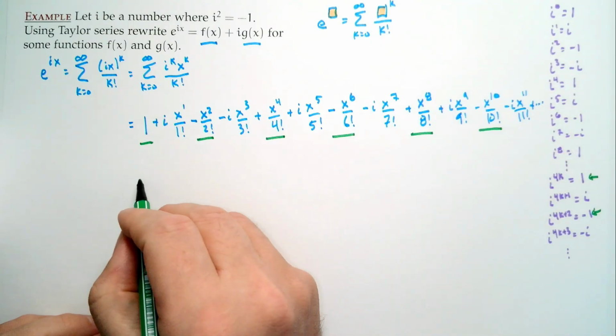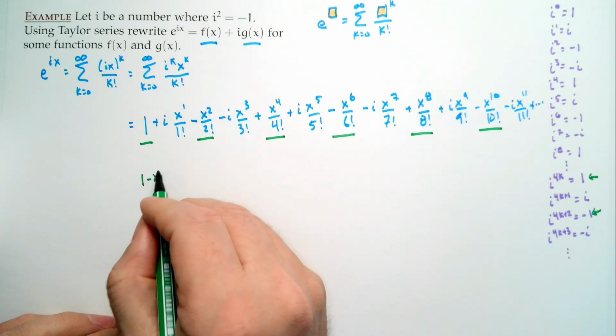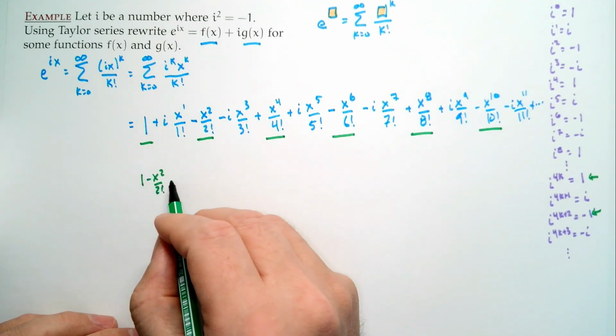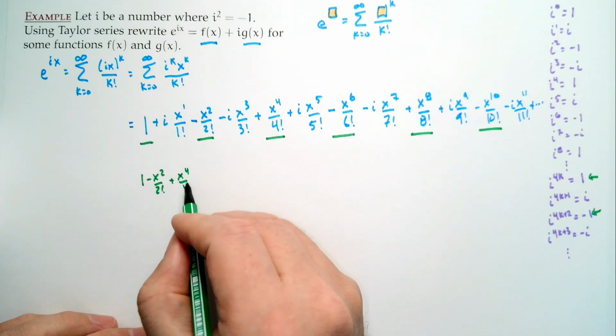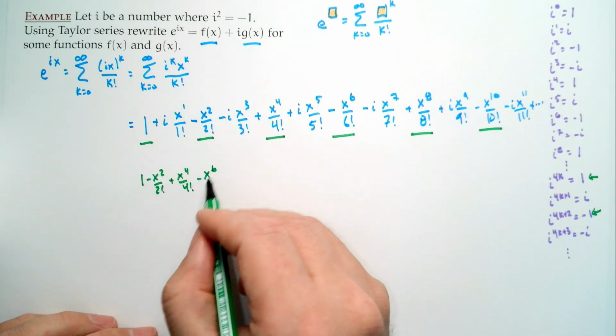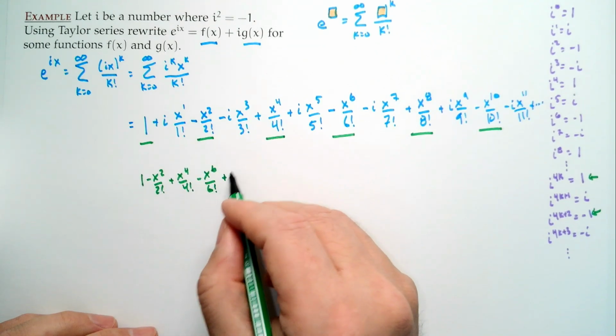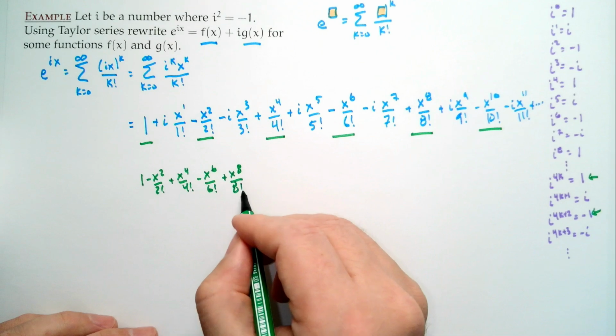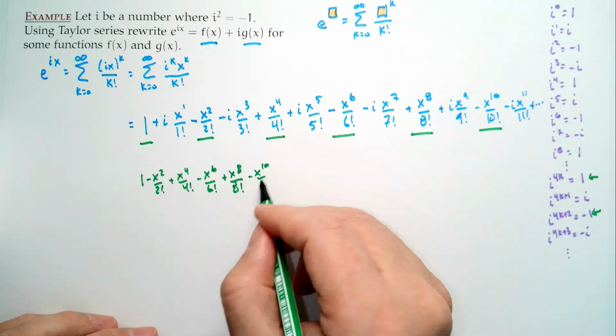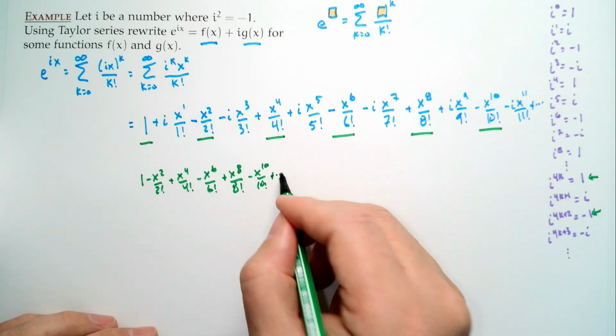So what we get is 1 minus x squared over 2 factorial plus x to the 4th over 4 factorial minus x to the 6th over 6 factorial plus x to the 8th over 8 factorial minus x to the 10th over 10 factorial, and so forth and so on.